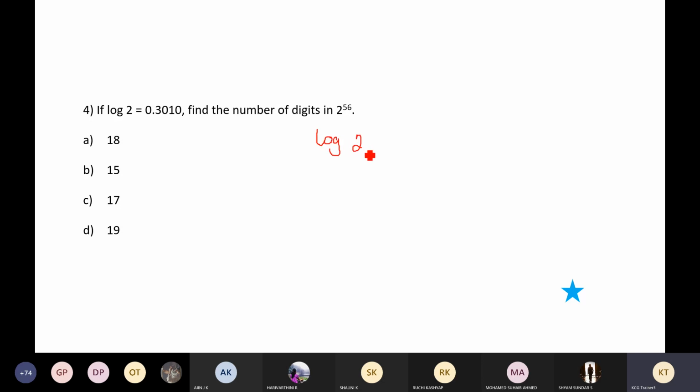So log of 2 power 56 would be 56 into log 2. What is log 2's value? We already know 56 into 0.3010. And when you multiply this, what do you get? What is 56 into 0.3010? What do you get?